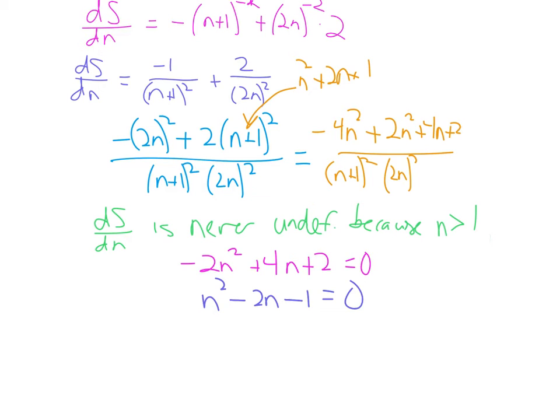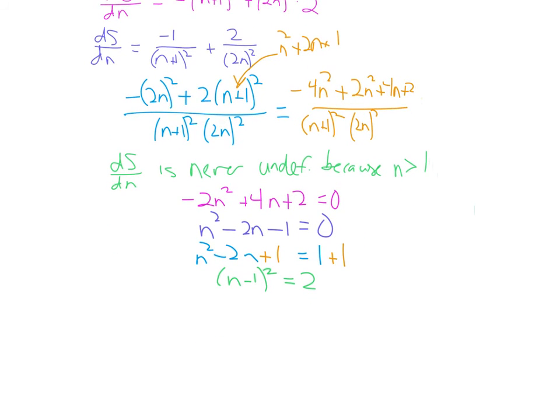I like completing the square, so I have n squared minus 2n equals 1, which means I need a plus 1 here and a plus 1 here. So n minus 1 squared is 2. And let's go ahead and solve. So n is the square root of 2 with a plus or minus, and then add the 1. I don't need 1 minus the square root of 2, so n is going to be 1 plus the square root of 2.